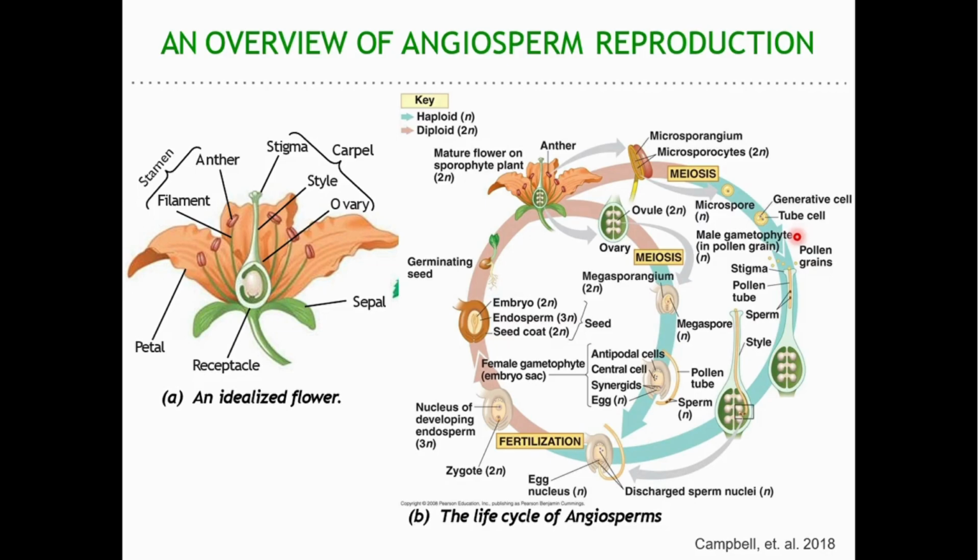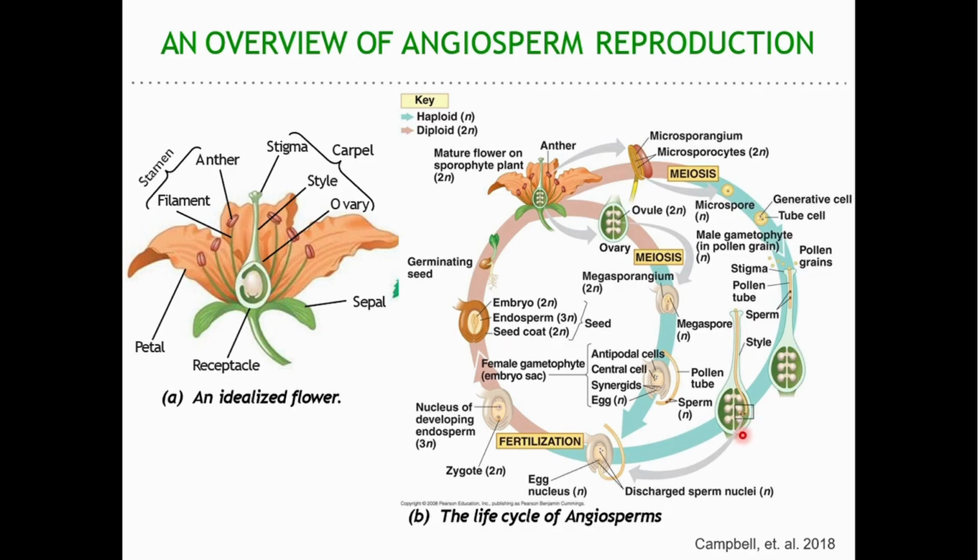And then when the pollen grain arrives on the stigma of the flower by the pollination process, the tube cell will generate a pollen tube which delivers the sperm to the ovary of the flower.